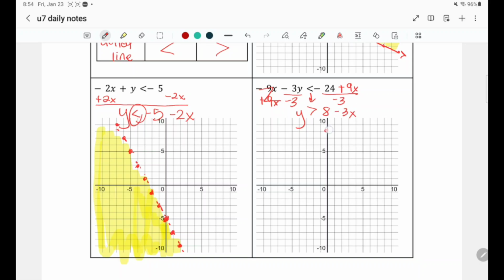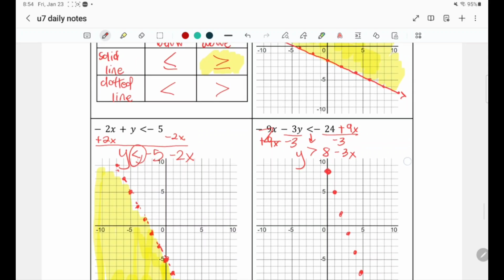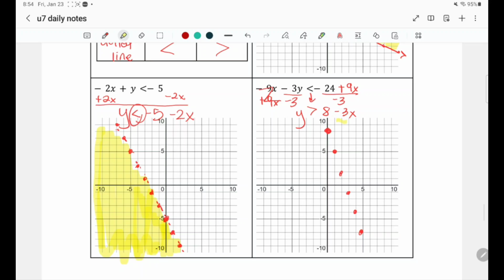So my y-intercept is 8. I'm going to go down 3 over 1, down 3 over 1. Oop, I can't count. There we go. And that is now a greater than, because we had to flip the sign. So I'm going to shade above. Remember, above is this way.